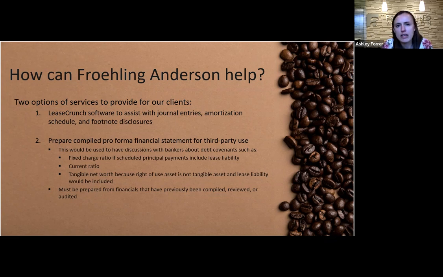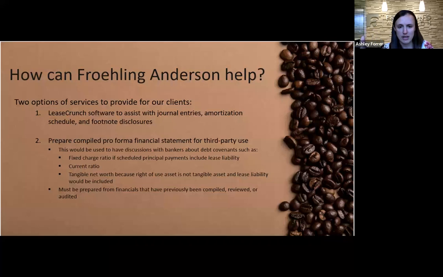Like I mentioned earlier, a lot of our debt covenants could possibly be impacted with this new standard now that we're adding a lease liability and a right of use asset on the balance sheet. Like I said, if you think of a building lease that's say 10-15 years, that dollar amount can get quite large.